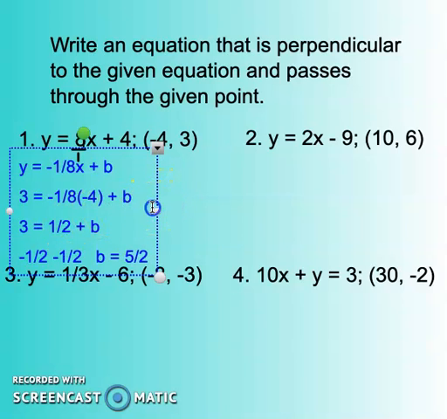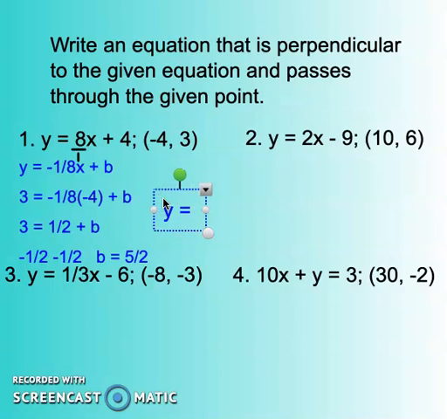I like to keep it as just a fraction, but you are welcome to keep it as a mixed number. The y-intercept can be a mixed number, but the slope may not be a mixed number. It has to stay as a fraction. So our line that is perpendicular to this is y equals -1/8 x, and then plus 5/2.